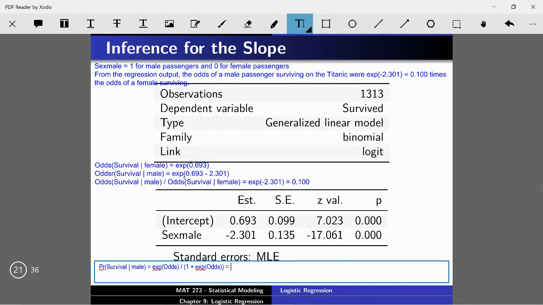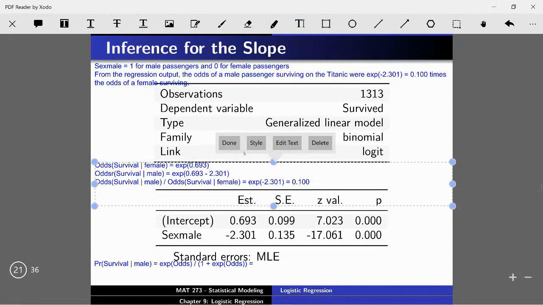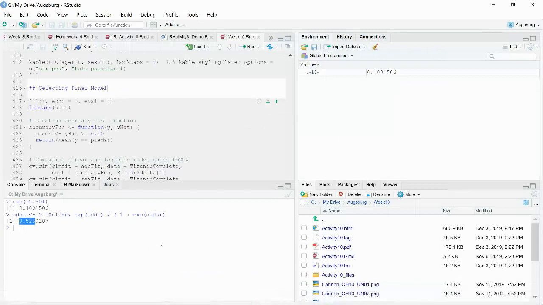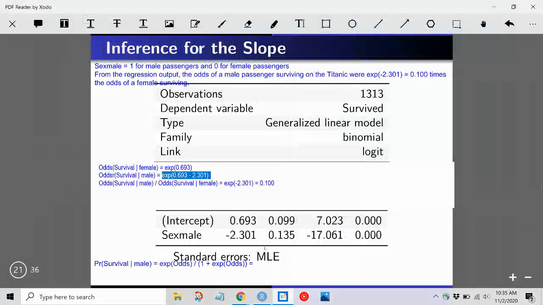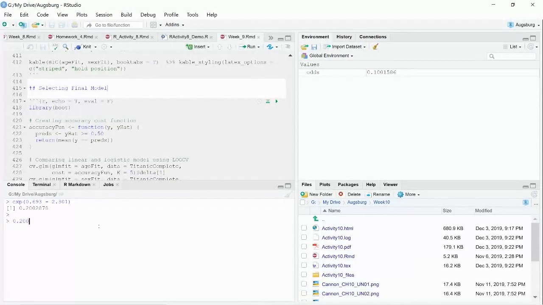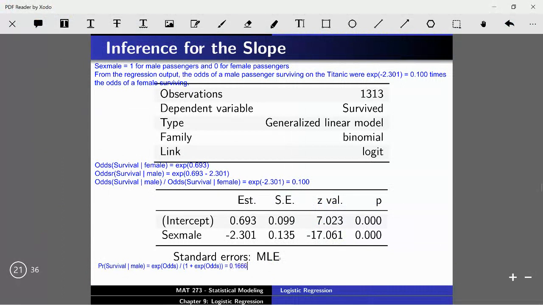Here we saw that the odds of survival for a male was this value. Then we just do that value over 1 plus that value. That's the probability of survival for a male here. That's how we solve for that.